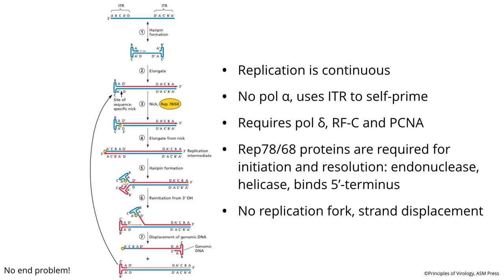And the left end has a T structure, which is very much like how we started out at the top here in step 2. So this molecule at the bottom goes around and cycles back into this series of synthetic events. And now we have a genome DNA right here in step 7. So that blue and red molecule is basically a genome DNA. The left end can fold into a T structure, and it could be packaged.